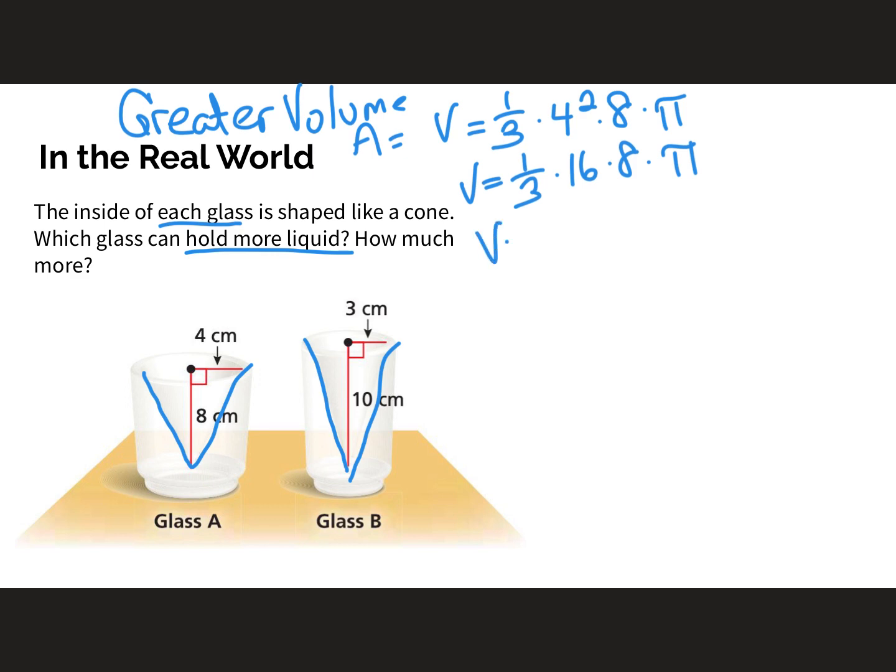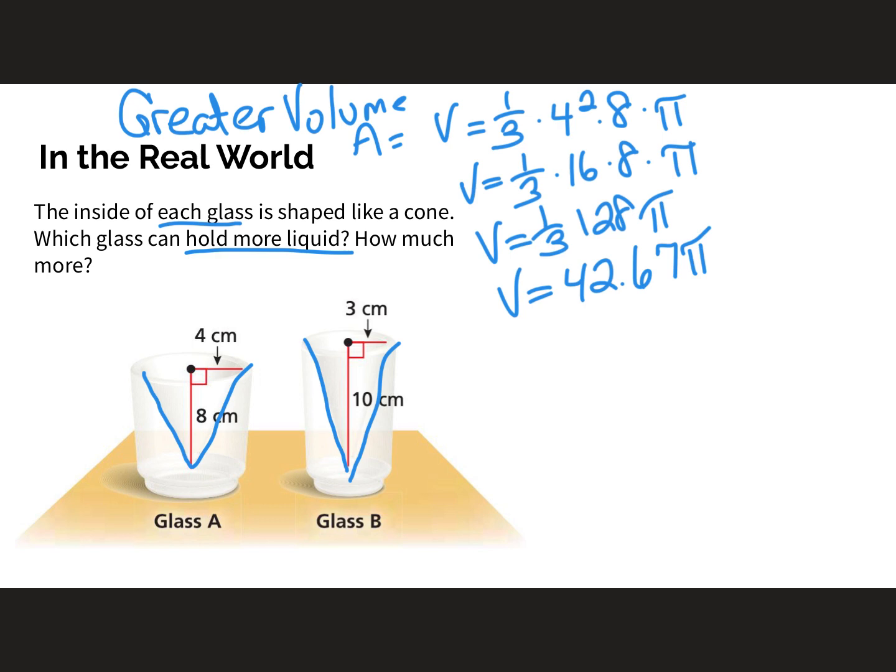So our volume is 1/3 of 128 times pi. 128 divided by 3 is 42.67. So in this case, our volume is 42.67 pi. And I'm going to leave it like that.